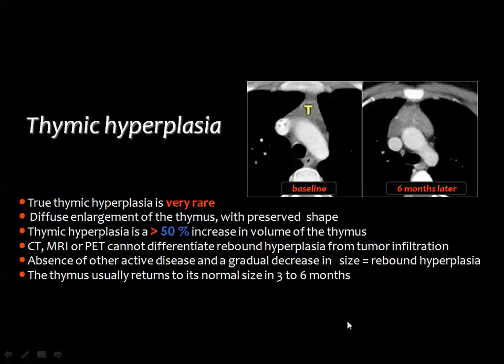As you know that the thymus on PET scan shows normal increased uptake between the age of 3 and 13 years of age.